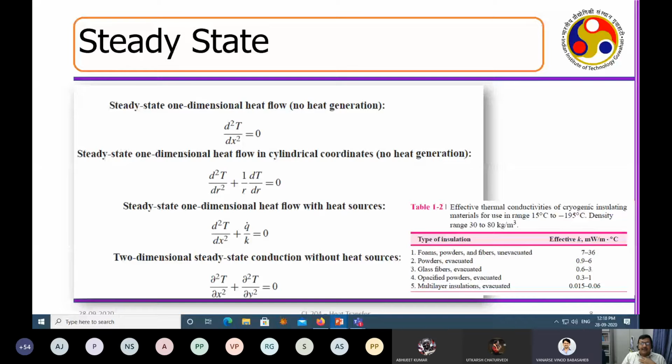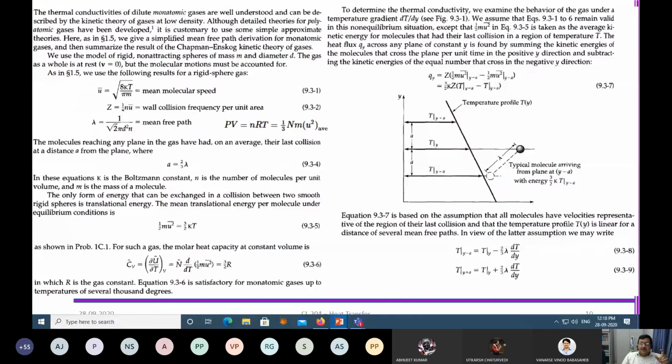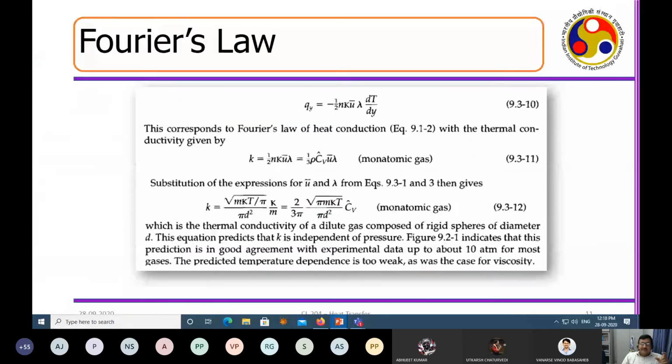Thank you. Now, we discussed the different types of conductivities of the different types of materials, like gases, liquids, and solids, and we identified the reason for temperature dependence. From these two slides, we understood the molecular definition. So from the kinetic theory of gases, how do we arrive at Fourier's law of heat conduction for a very simple gas?